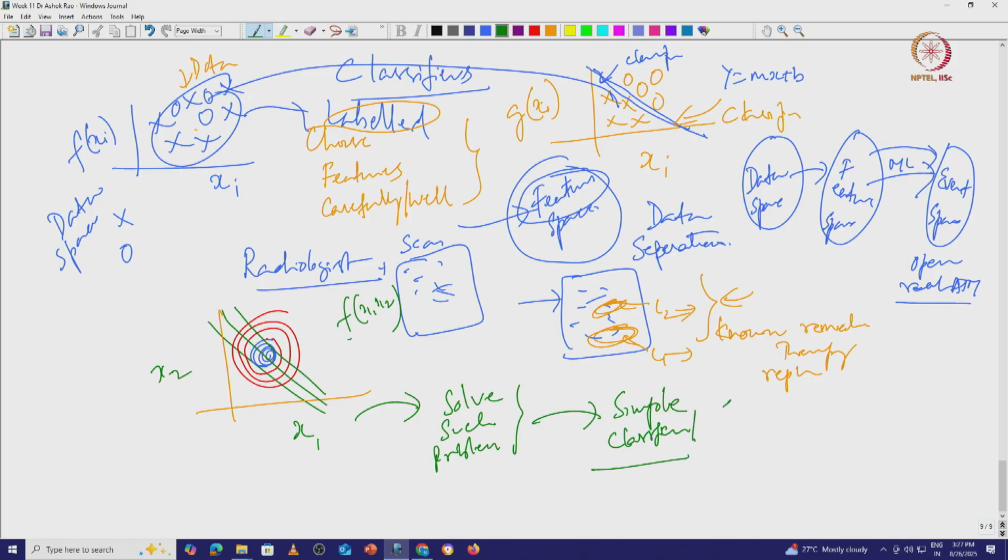All you can do is implement simple classifier, do not try implementing complicated classifier. So, it is always important to look at the problem and try to modify or even transform the problem, so that you can implement a simple classifier.